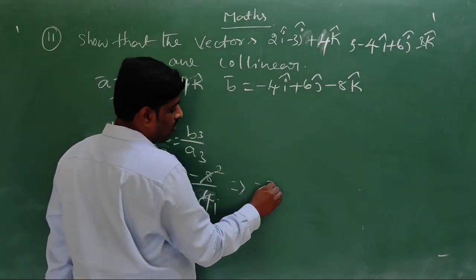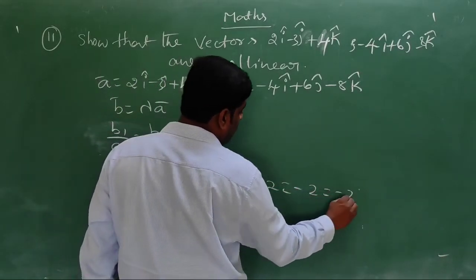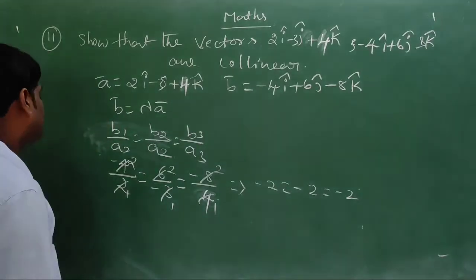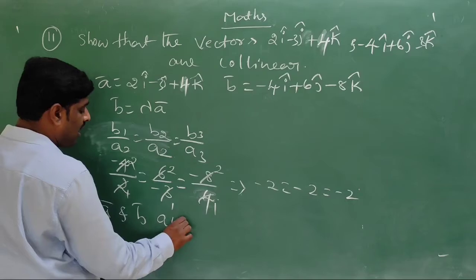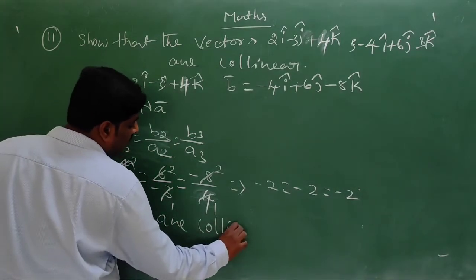That is equal to minus 2 equal to minus 2 equal to minus 2. Therefore, the given vectors A bar and B bar are collinear.